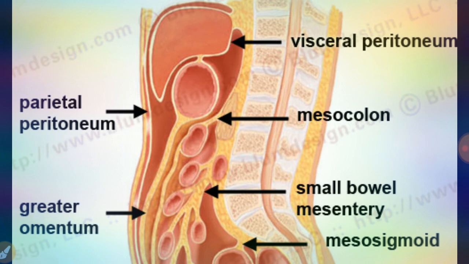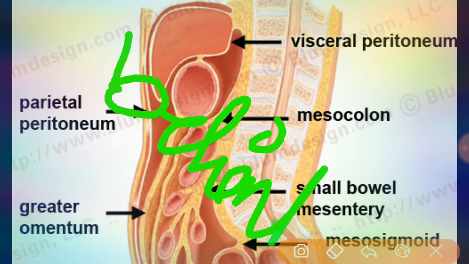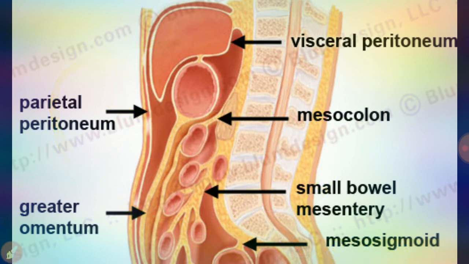Such organs include the kidneys, ascending and descending colons of the large intestine, duodenum of the small intestine, and pancreas. Organs lying like this are called retroperitoneal. Retro means behind. These organs lie behind, protecting the anterior wall of the peritoneum.